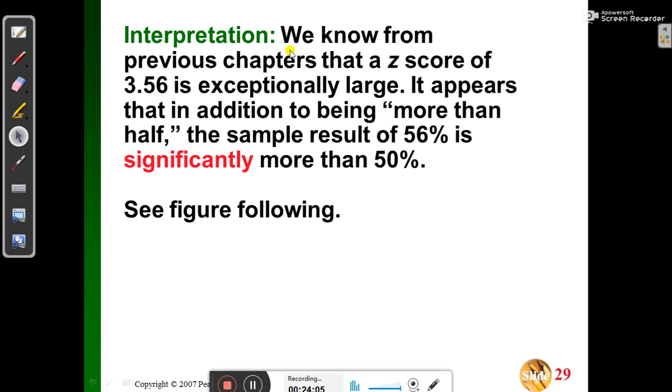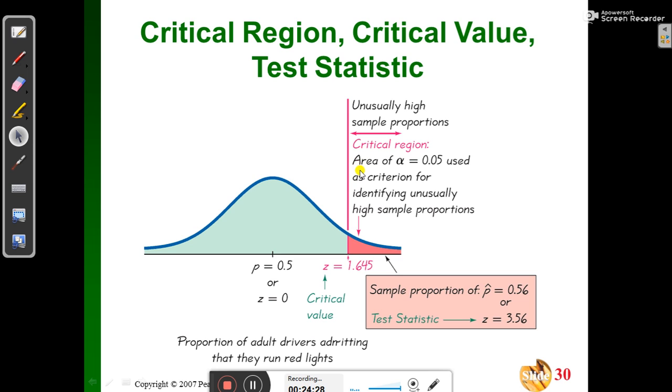The interpretation is that we know from the previous chapters that a z score of 3.56 is extremely large. When the z score is 3.56, which is exceptionally large, it appears that in addition to being more than half, the sample result of 56% is significantly more than 50%. Here you can see the unusually high sample proportion in this area.